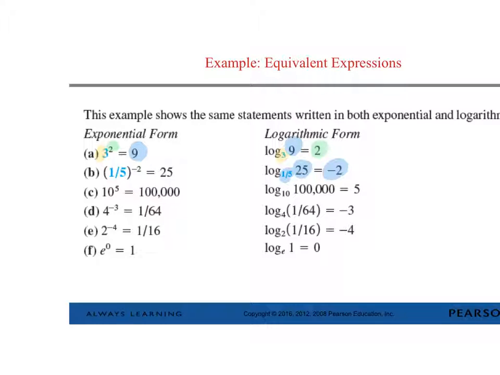The same thing works with all of these. 10 raised to the 5th power. 10 is the base. The power is 5. And the result is 100,000. Again, 4 is the base.